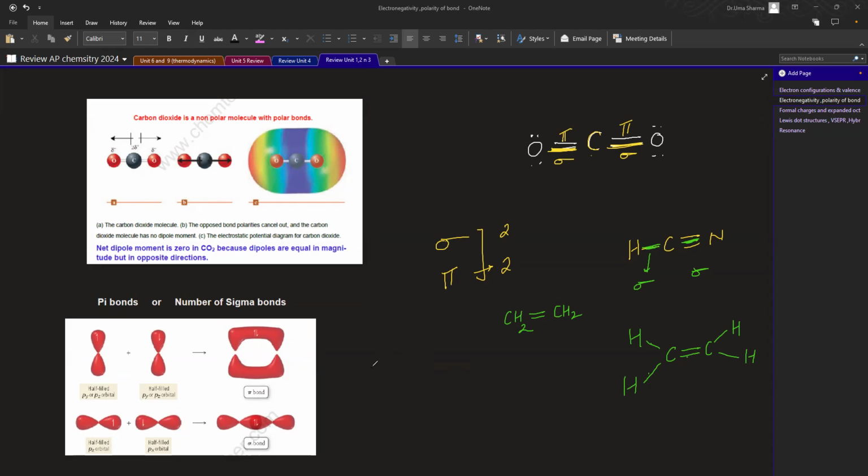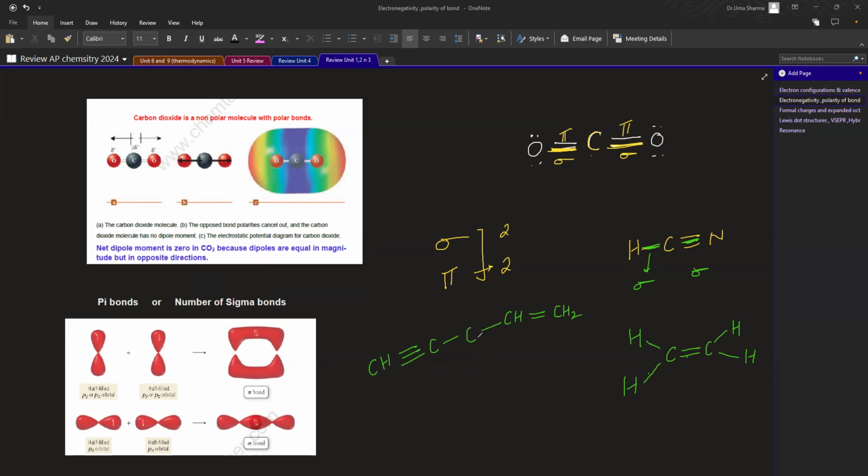If I give you some molecule like this, CH, how many sigma, how many pi?